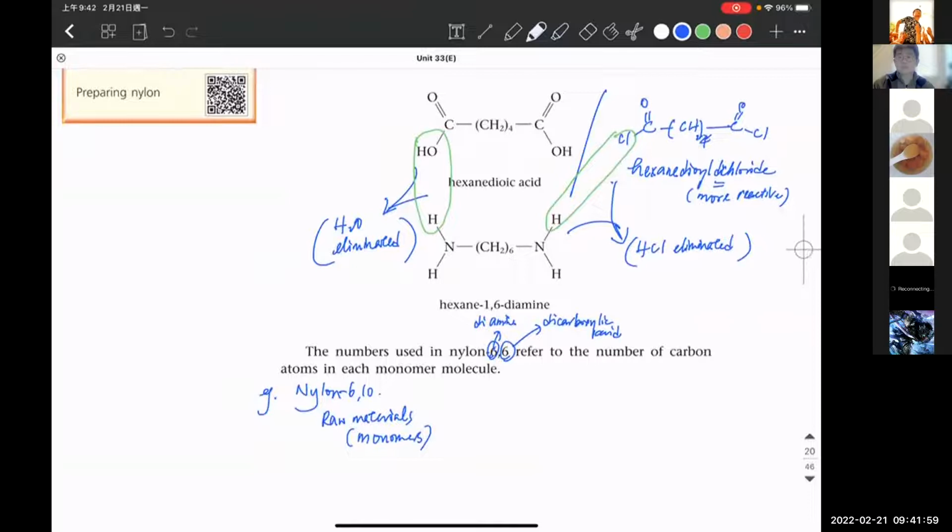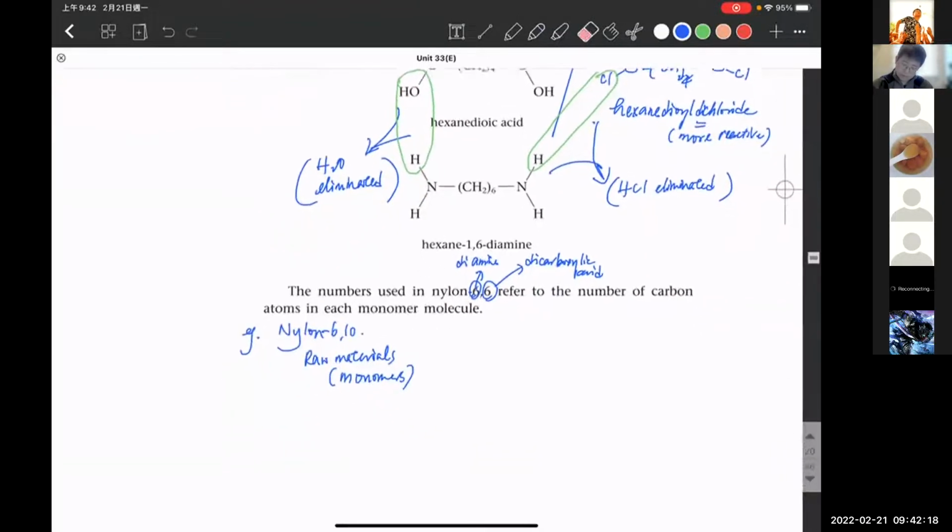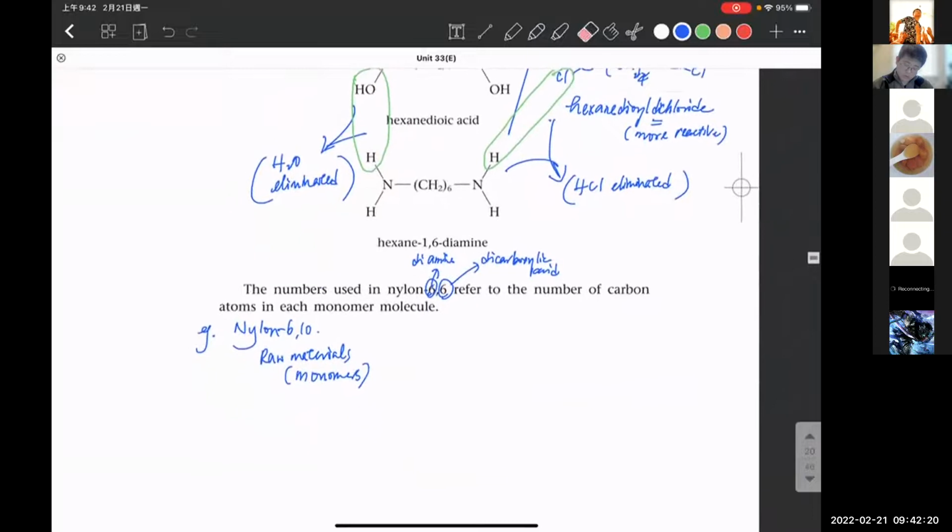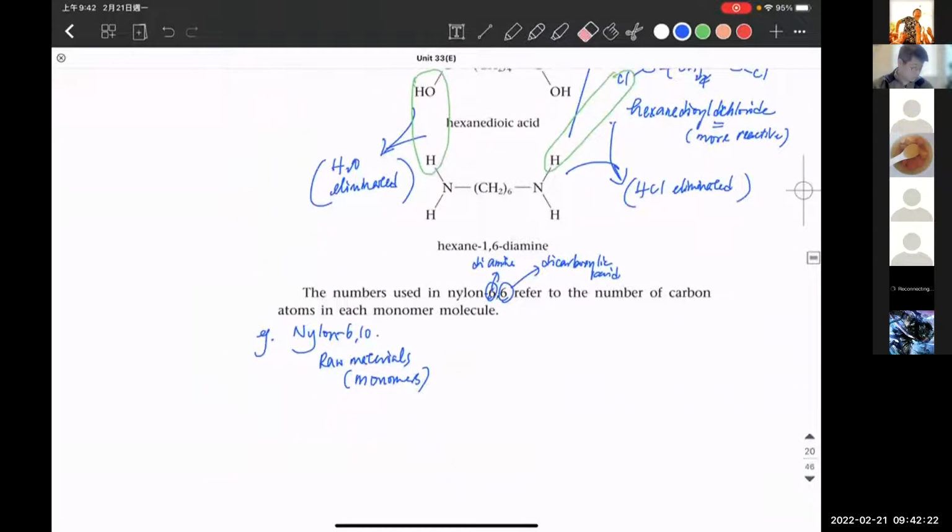Can you show me the name of the two? Can you tell me what are the two chemicals? Nylon 610.